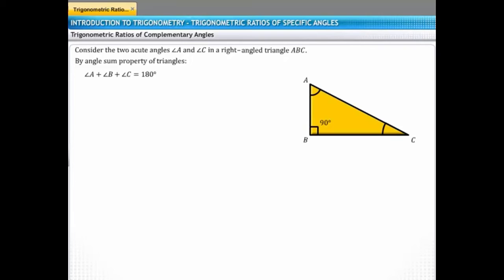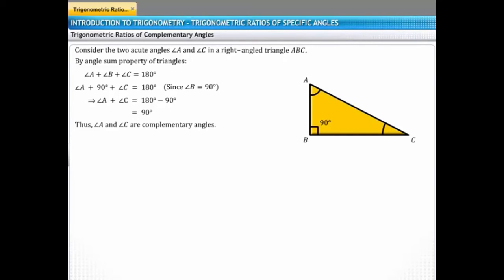Angle B in the given triangle is a right angle. Putting in the value of angle B in the previous equation and simplifying, we see that the sum of angles A and C is equal to 90 degrees. Thus, we can say that angles A and C are complementary angles.